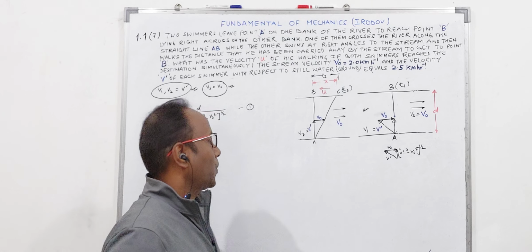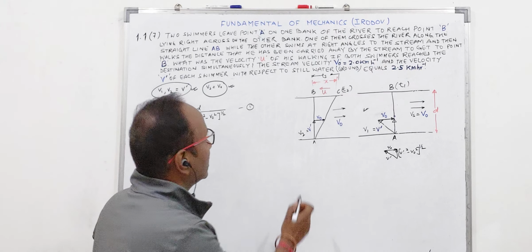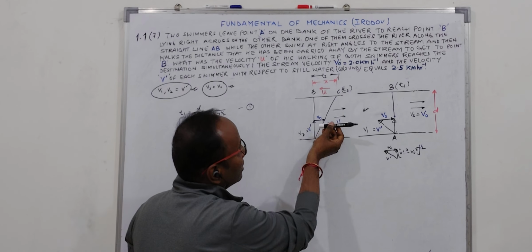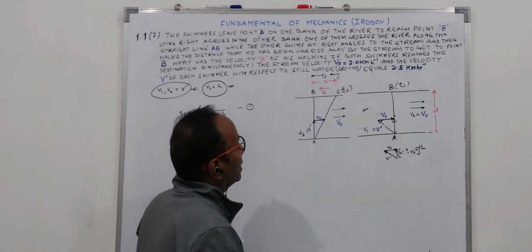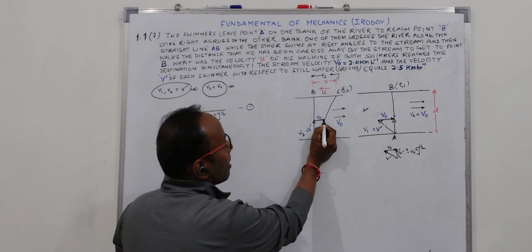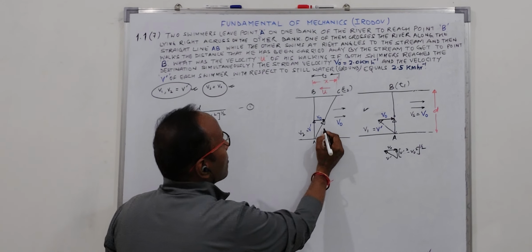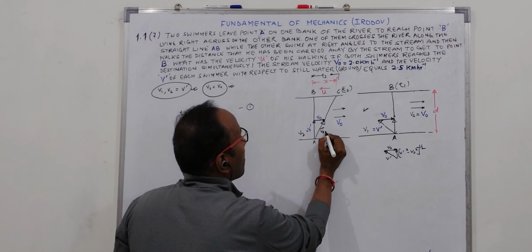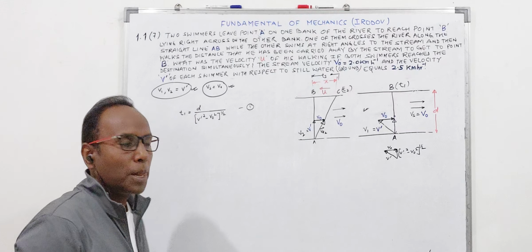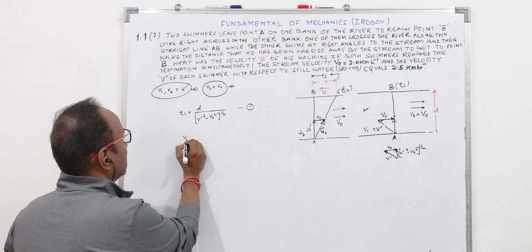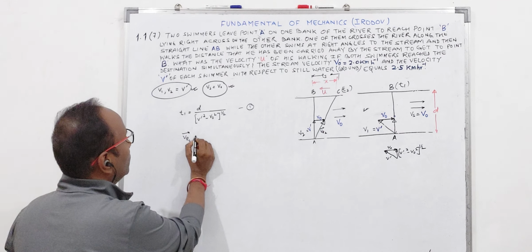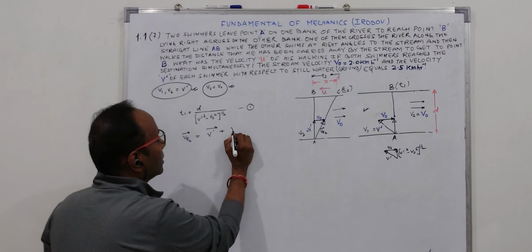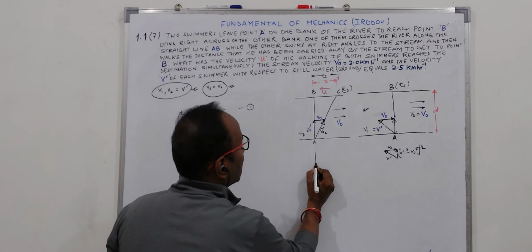Now come to swimmer 2. Swimmer 2 has started swimming in direction A to B, but the stream has carried him along so that he reaches C, right? For swimmer 2, the resultant is in this direction. So VR2 is equal to v dash plus v naught from this triangle.